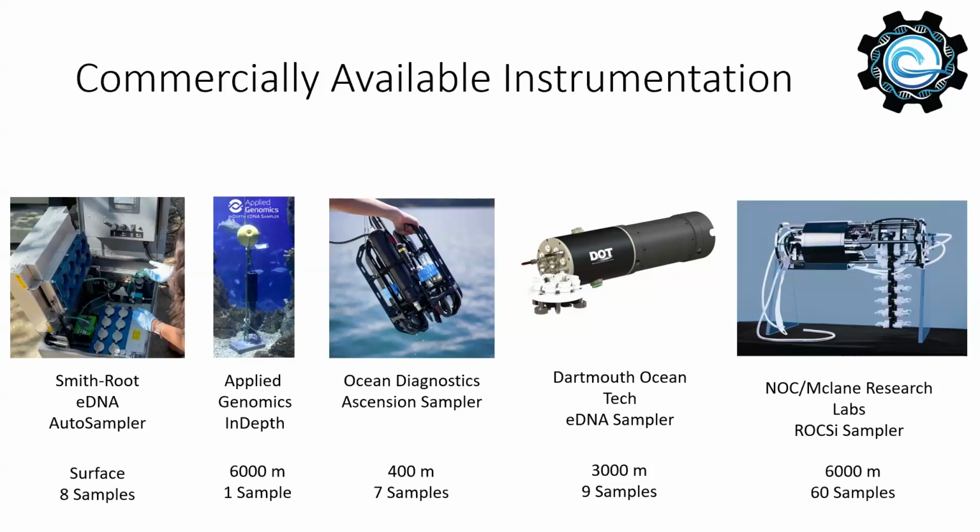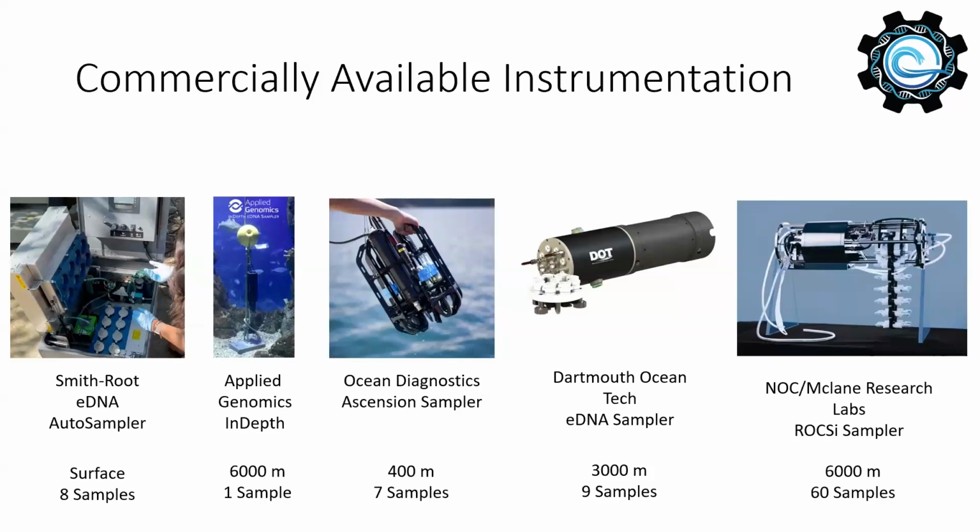It collects 8 samples, fully autonomous. The Applied Genomics Insight Sampler, I don't think too many people know much about this. They're out of the UK. It's a single sample sampler, but it's depth rated to 6,000 meters. And then Ethan's instrument from Ocean Diagnostics is depth rated to 400 meters and collects 7 samples.